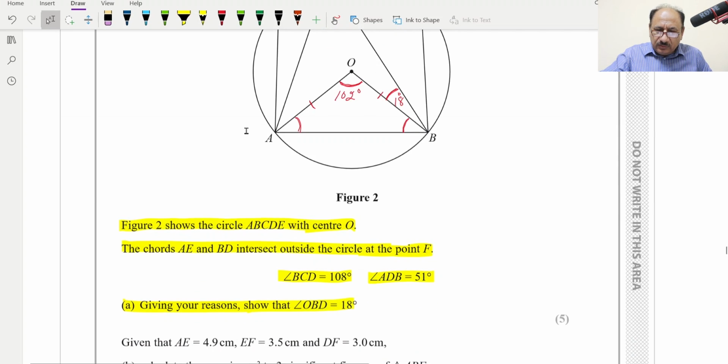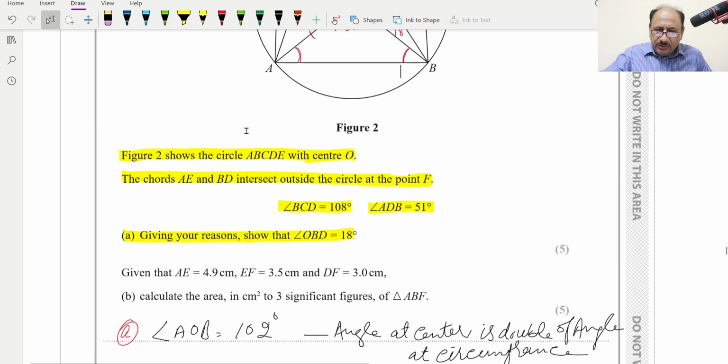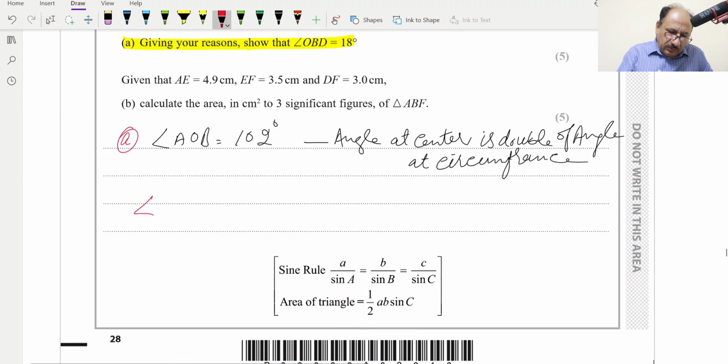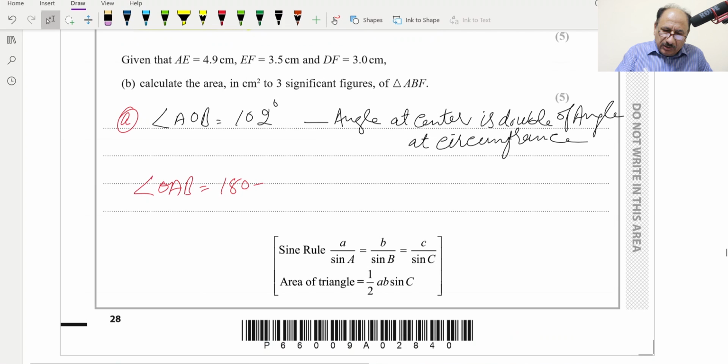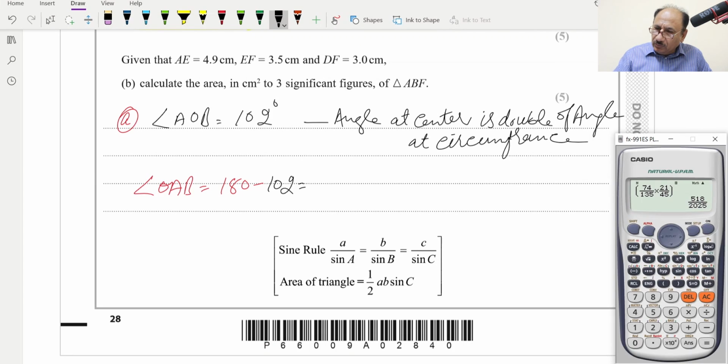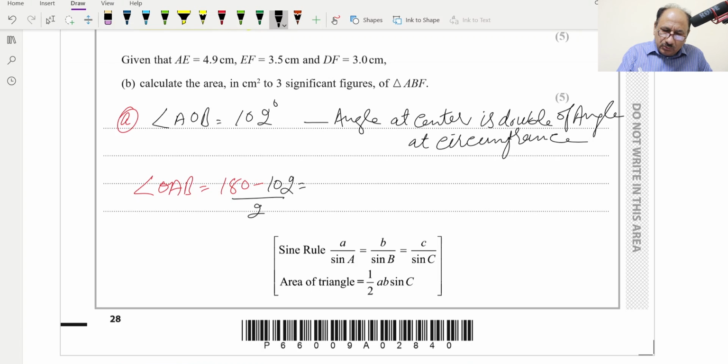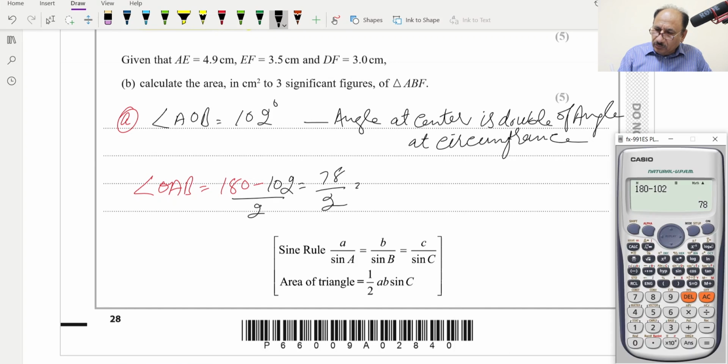We can write angle OAB will be equal to 180 minus 102, which is 78, divided by 2, which is equal to 39.